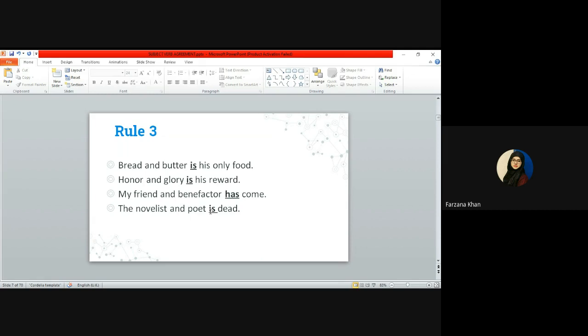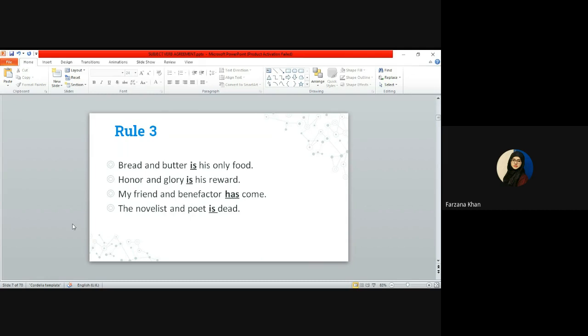But keep it in your mind that if there are two persons, then we will add another definite article here: the novelist and the poet are dead, right? As the writer is talking about one person who is novelist and poet, here he has used the singular verb is. The novelist and poet is dead.